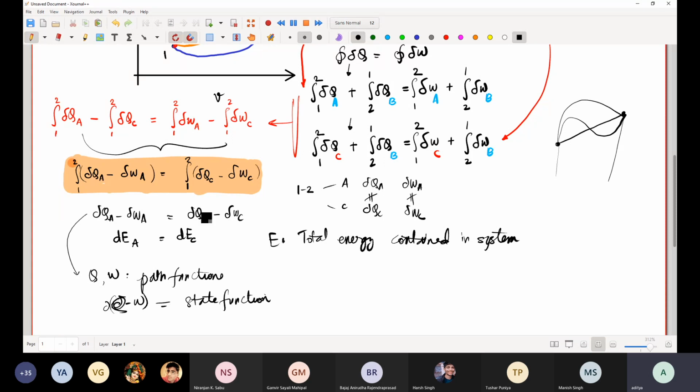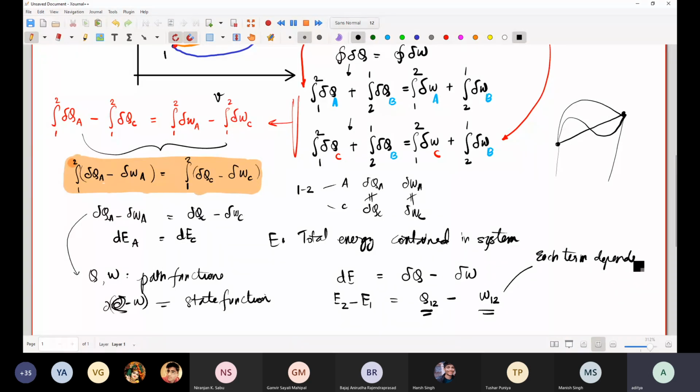Essentially we can then write dE is equal to del Q minus del W, or equivalently E2 minus E1 is equal to Q in going from 1 to 2 minus W in going from 1 to 2, where this will not be del anymore, where each term individually depends on the path.